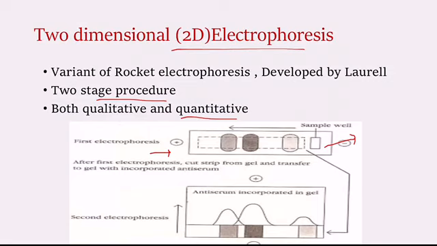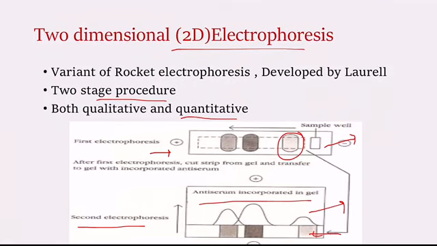In the second stage, the gel piece containing the separated antigens is placed on the second glass plate. The agar containing the antibody is poured around the gel piece.